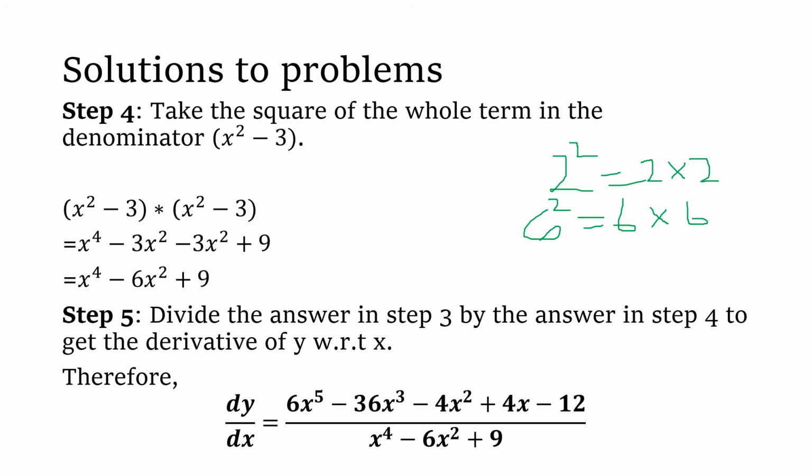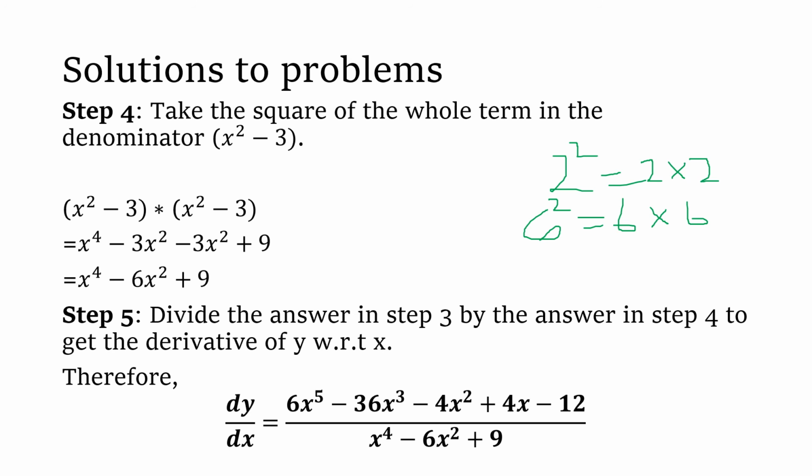Minus 3 multiplied by minus 3, minus times minus is plus, and then 3 times 3 is 9. Now, we collect all the like terms. We bring x to the power 4 down here. And then we have minus 3 minus 3, minus 6. It gives us minus 6x squared. And then plus our 9.